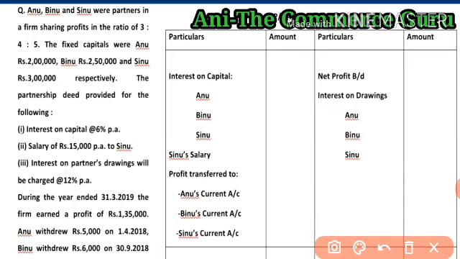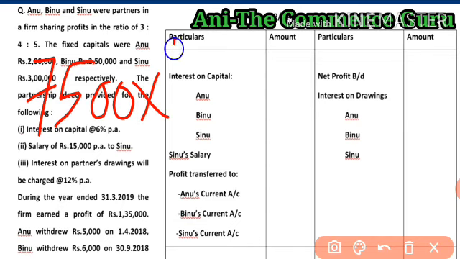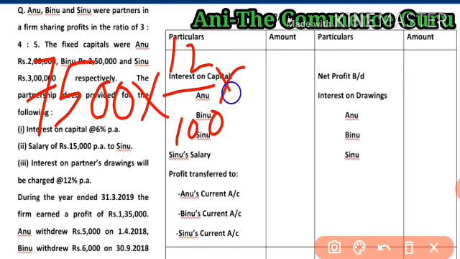So once again, Sinu's amount of drawing is 7,500 into rate of interest 12% into period 3 months out of 12 months.